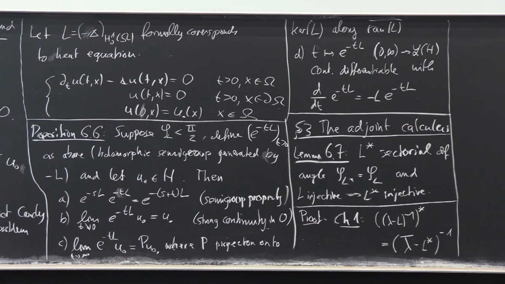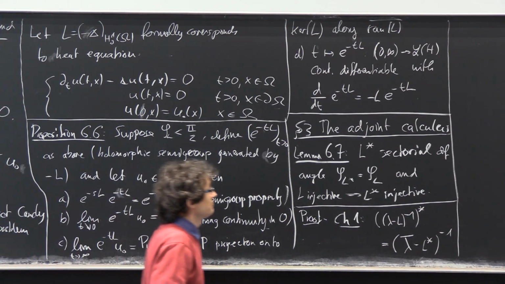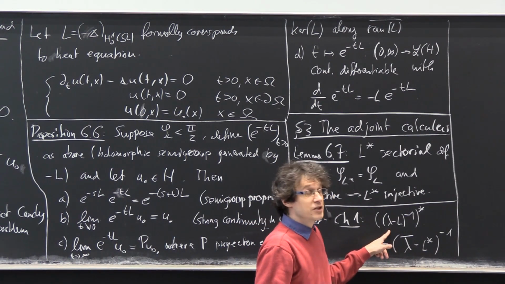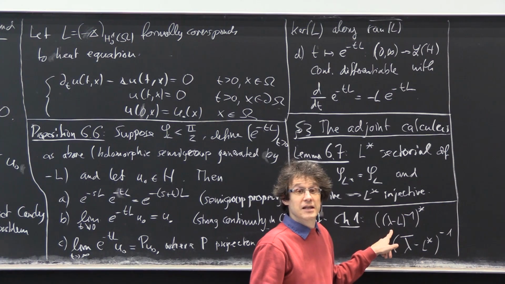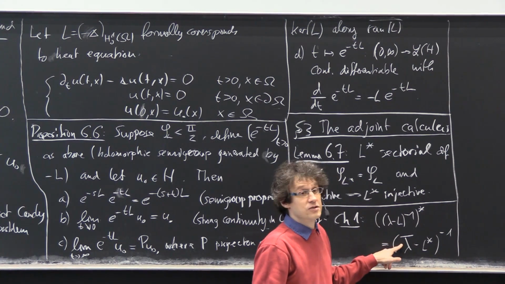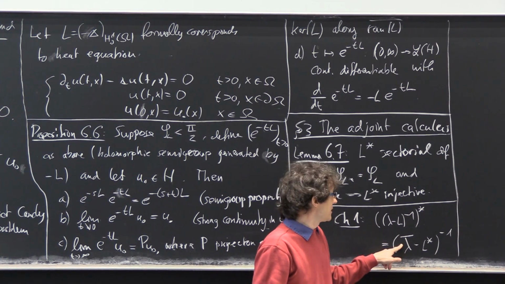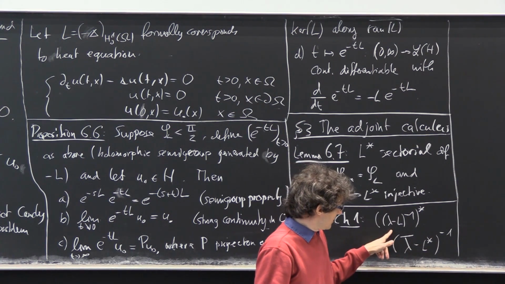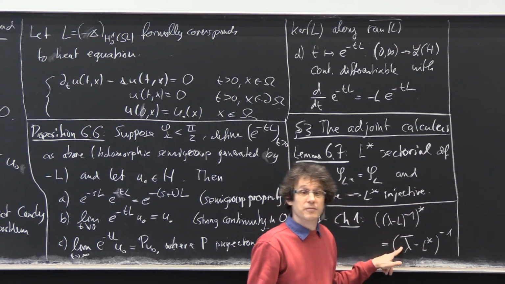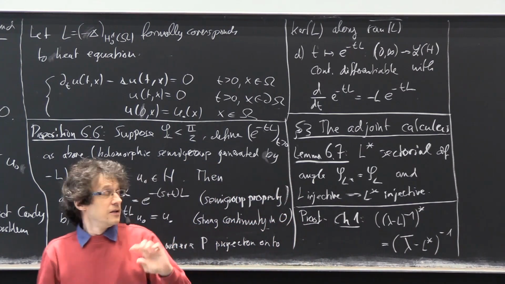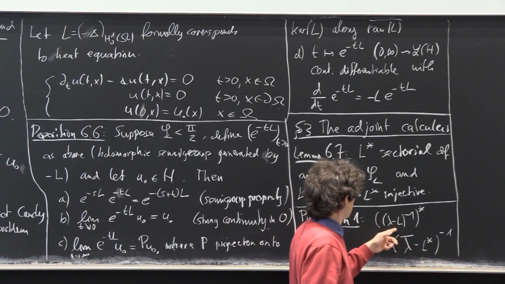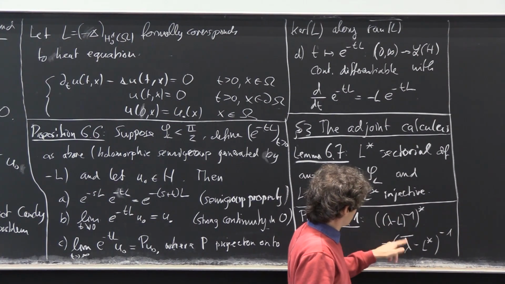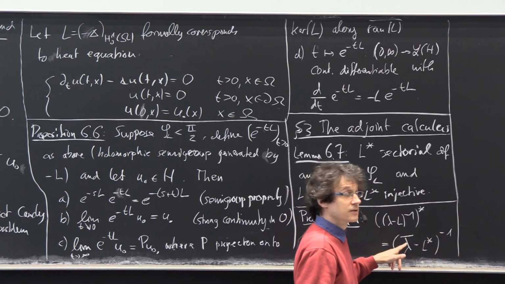So this was a formula we showed in chapter 1, and somehow from this you can read off everything, because the nice thing about sectors is that they are invariant under complex conjugation. So if lambda is in the sector of angle phi, then lambda bar is in the same sector. So once this resolvent exists, this resolvent exists, and everything fits together well.